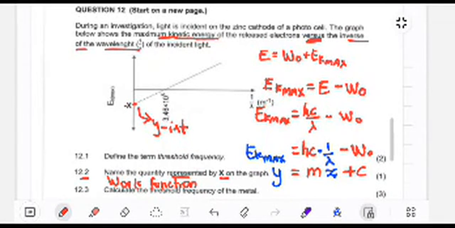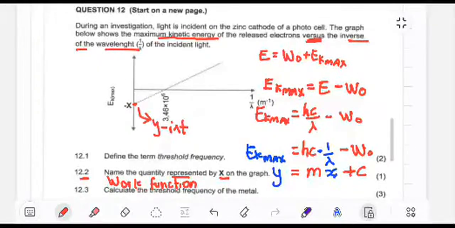And number three of that: calculate the threshold frequency of the metal. So how can I find the threshold frequency of the metal?